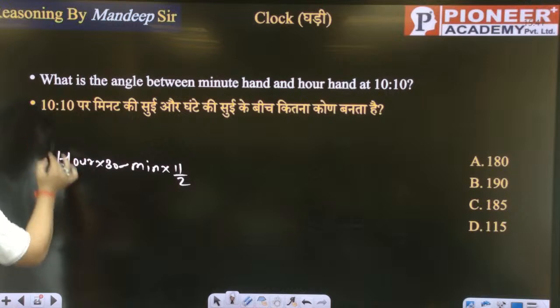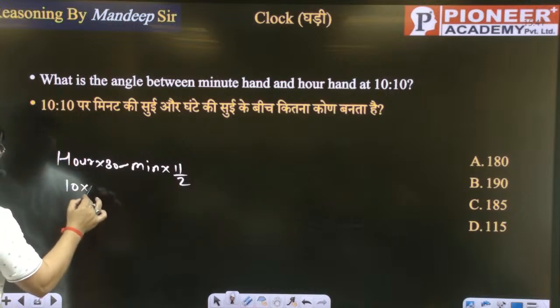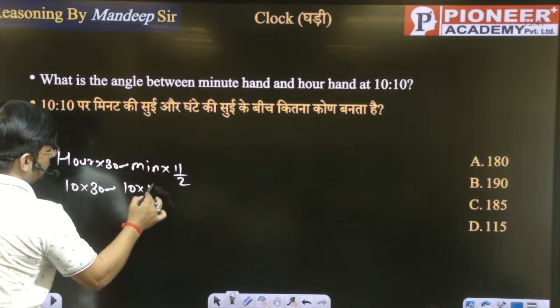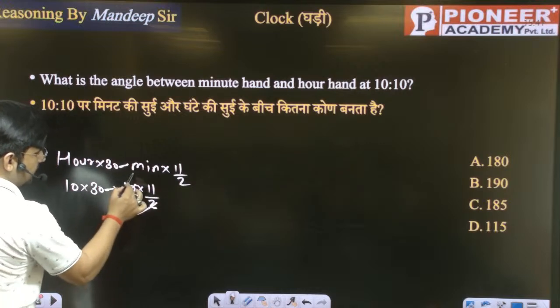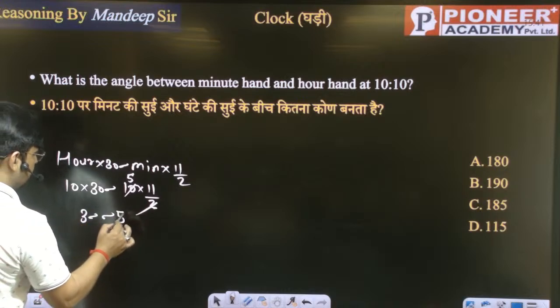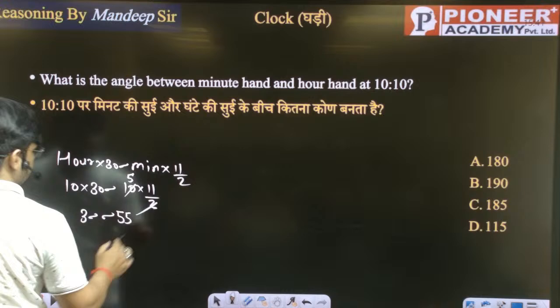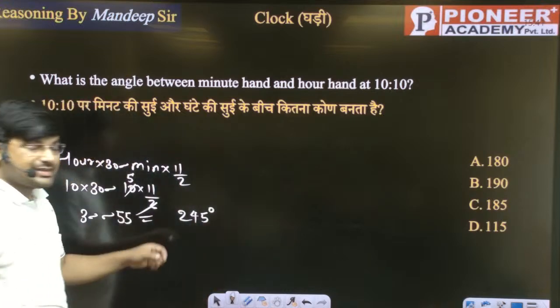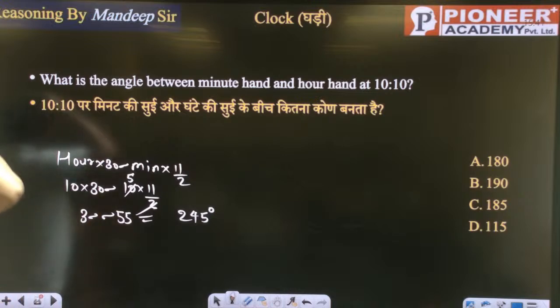In the place of hour, we will write 10. 10 into 30 difference 10 into 11 upon 2, which is 5. 300 difference 55, it's 245 degrees. It's a reflex angle. The reflex angle is between 180 and 360.